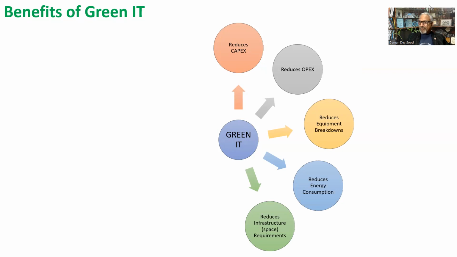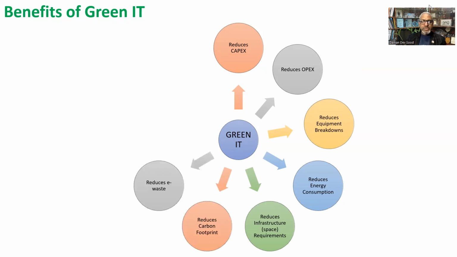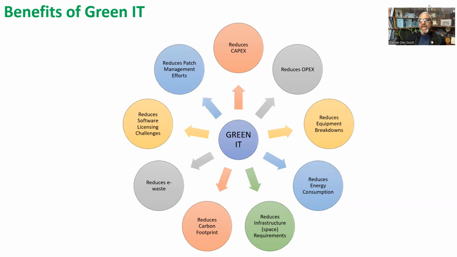From desktops, we move to laptops, which take less space, which consume less power as well. Reduces carbon footprint. E-waste also is less. Once again, a desktop and a laptop. Laptop generates less amount of e-waste, reduces software licensing challenges as well as patch management efforts.